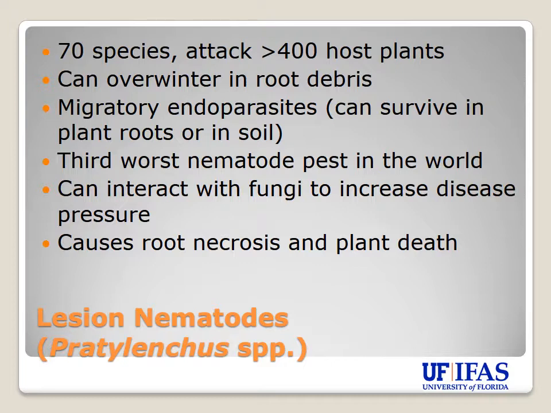They're considered the third worst nematode pest in the world. They can interact with fungi to increase the disease pressure. So when they feed on the plant's roots, they can actually introduce pest fungi into the roots to cause kind of a 1-2 punch on the plant. And they can cause root necrosis and then plant death.